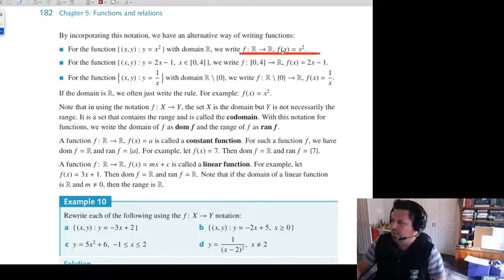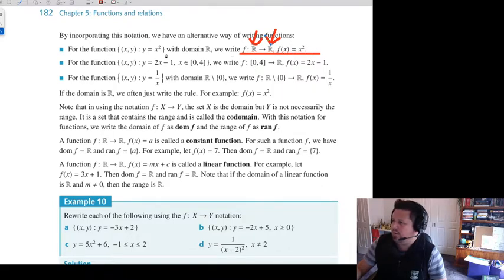In using that notation, you've got the function, you've got what its domain is. This here is the domain. And after this little arrow, it's what's known as the range or the codomain. It's that one there. And then we write it as f of x because f is the function we're using. They said earlier sometimes they use other letters, like g and h, but generally they use f for function.